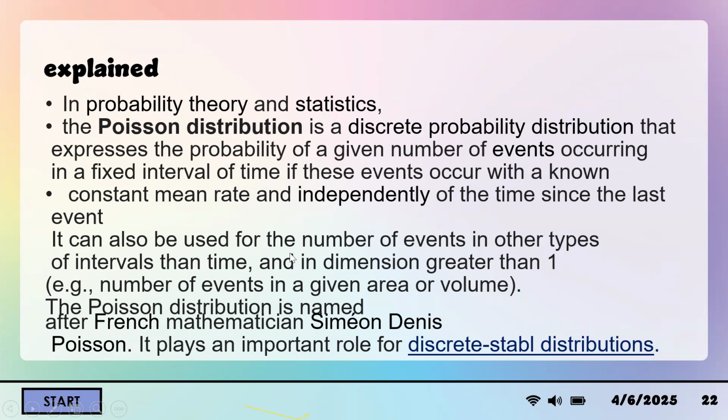It can also be used for the number of events in other types of intervals than time, and in dimensions greater than 1, for example, the number of events in a given area or volume. The Poisson distribution is named after French mathematician Simeon Denis Poisson. It plays an important role for discrete stable distributions.